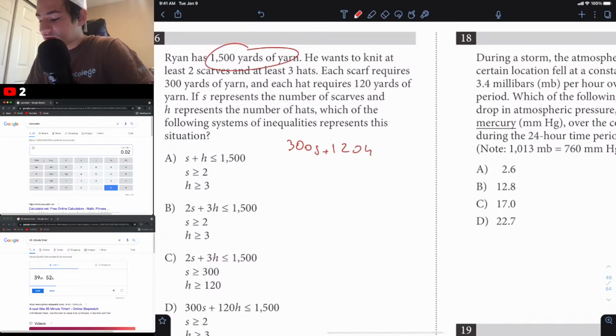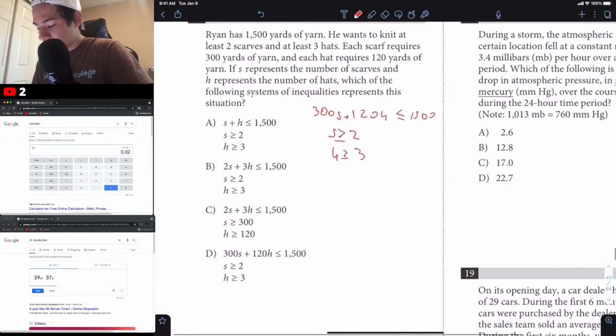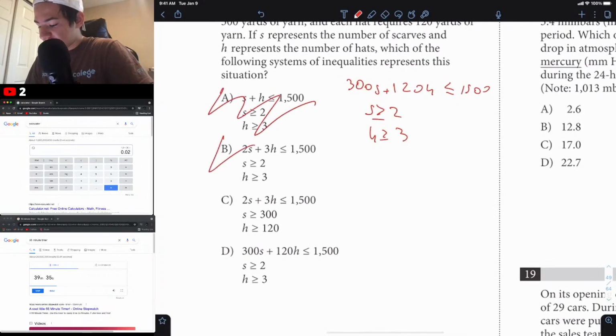And he has 1,500 yards, so we can't use any more. So this has to be less than or equal to 1,500. At least 2 scarves, so S must be greater than or equal to 2. And at least 3 hats, so hats must be greater than or equal to 3. This is our answer, wherever it may be. It's not this, it's not this, it's got to be this.